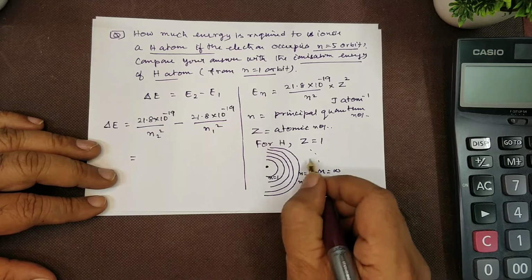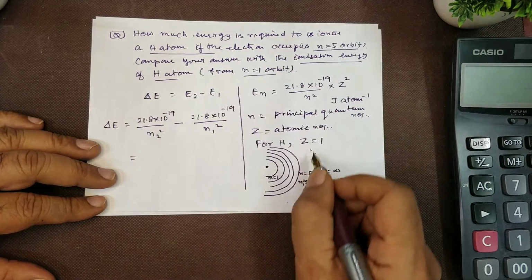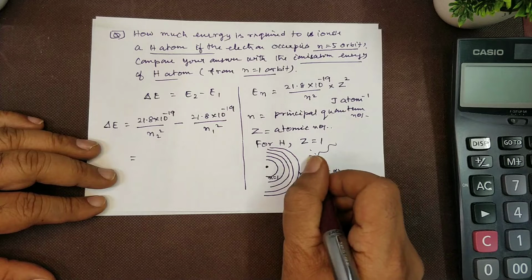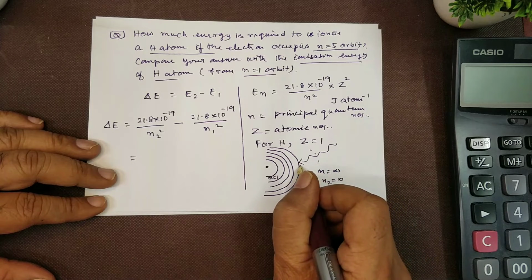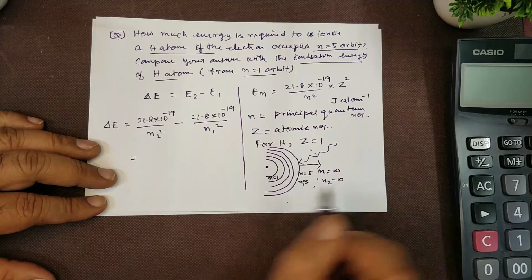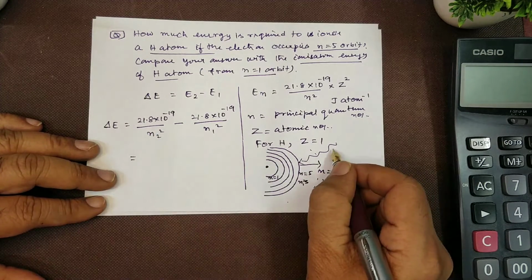I am talking about this energy transfer only. The energy required to ionize means how much energy is required to remove the electron from n equal to 5 to n equal to infinity. Do you understand this point? So we are talking about this energy.